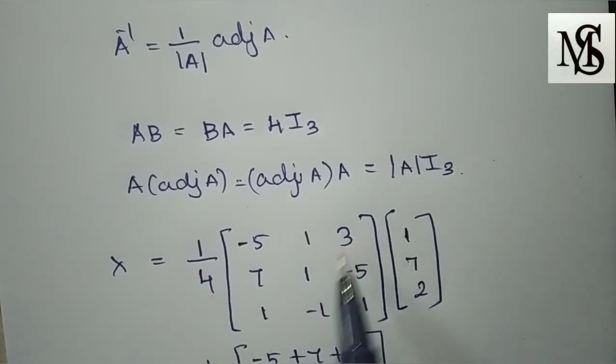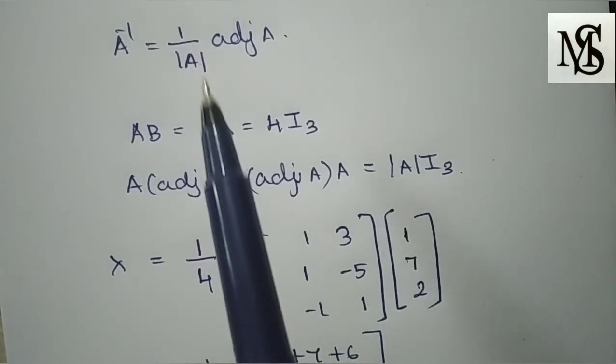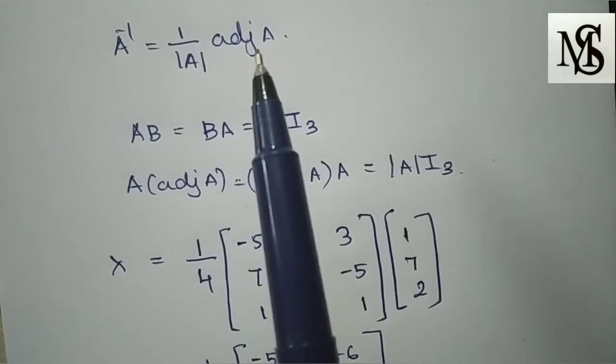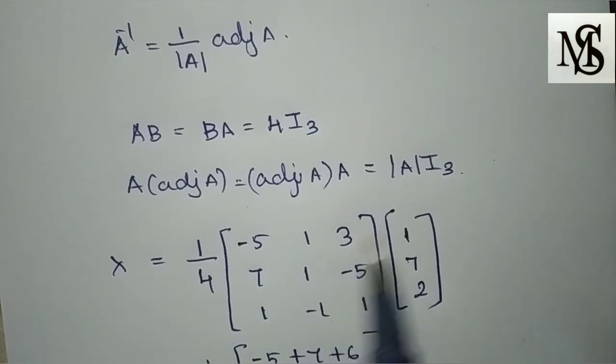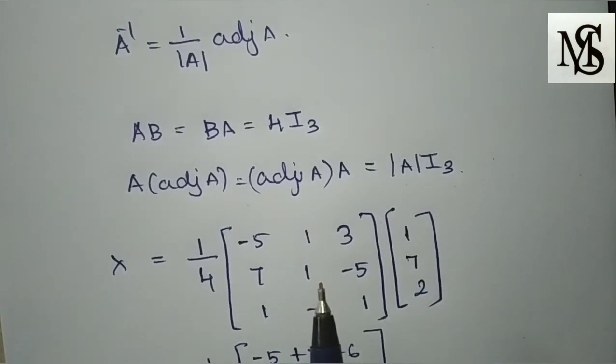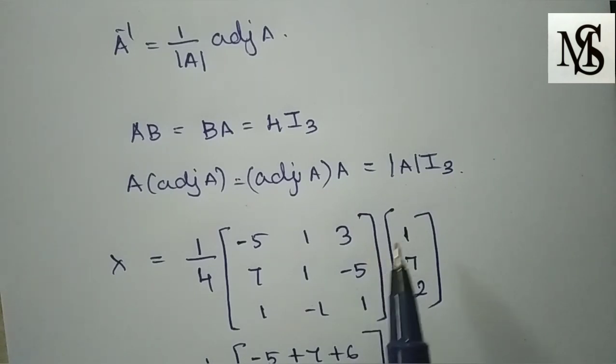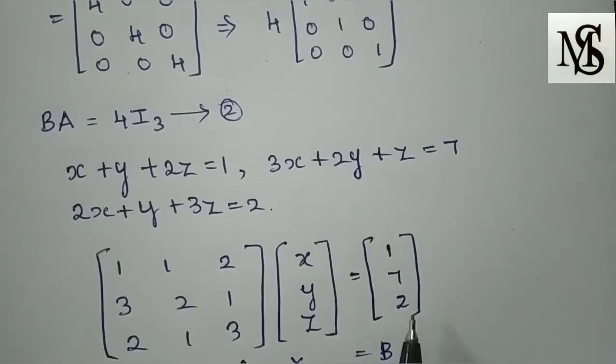So X is 1 by 4 into, we know the formula, modulus A into adjoint A. Adjoint A we take as the A matrix. In the question the A matrix is given, that we take here. So into the B matrix. This B matrix we multiply there.